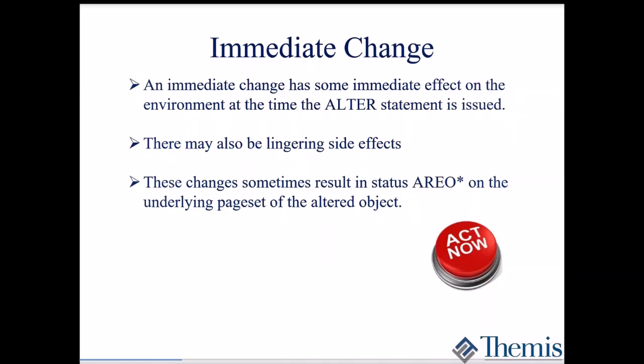But I think the term immediate here is a little bit misleading, because it implies that the change is completed immediately, which is not necessarily true. There may be a reorg or load replace that has some effect on fully implementing the change, but it is effective immediately, at least in some sense, in the Db2 catalog in particular.